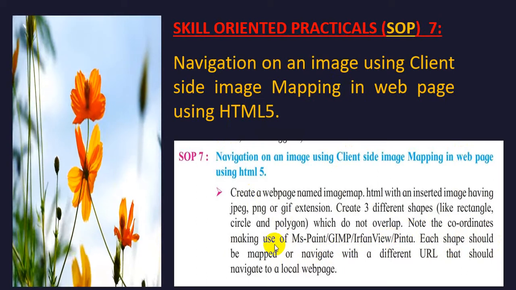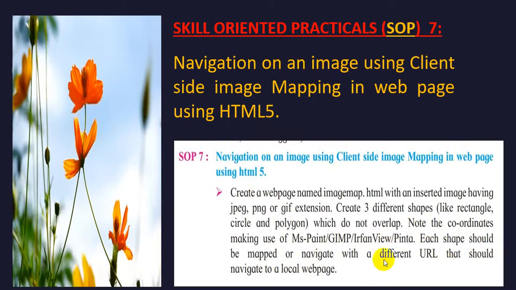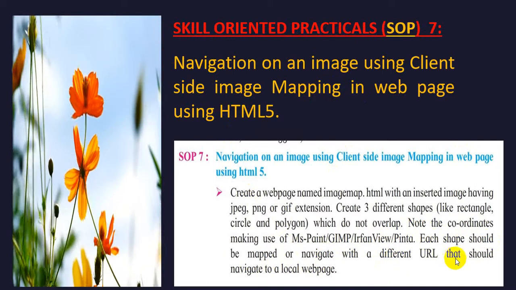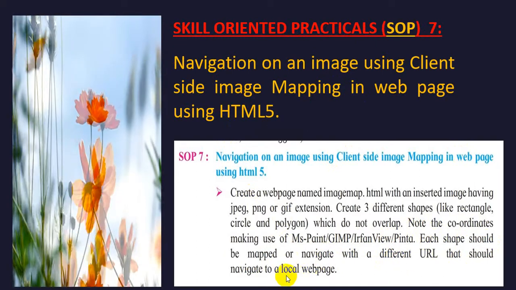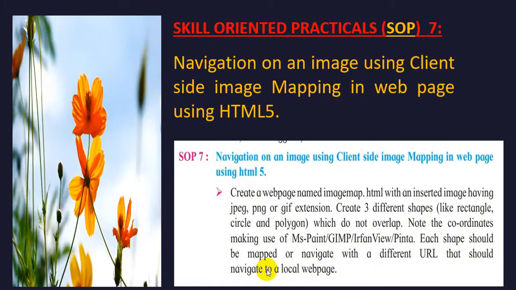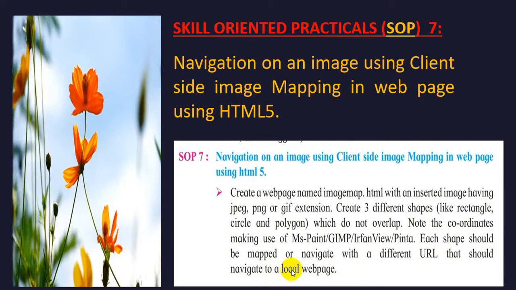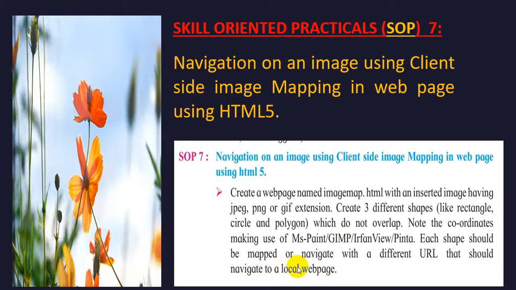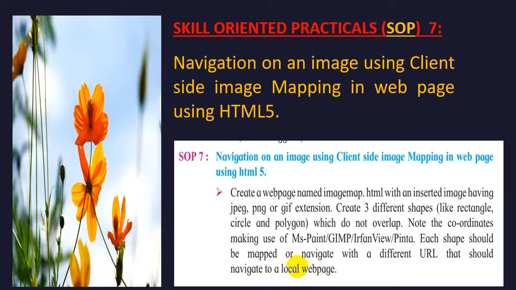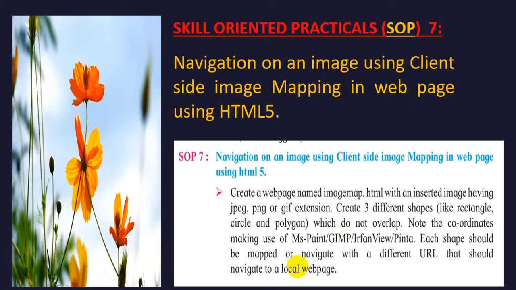Each shape should be mapped or navigate with a different URL that should navigate to a local page. So in your question there is a mention that you have to navigate to a local page. Local page means the page which is saved on your computer, not on a web server or any website.